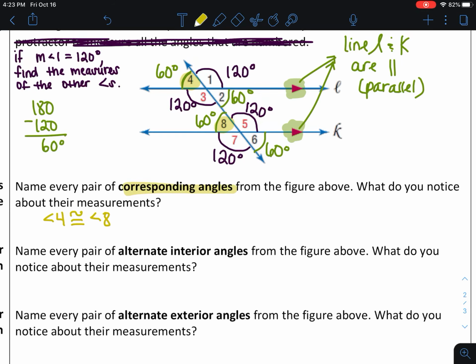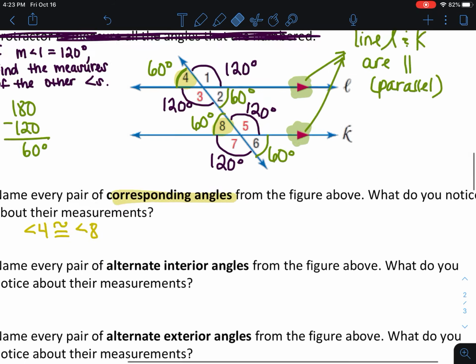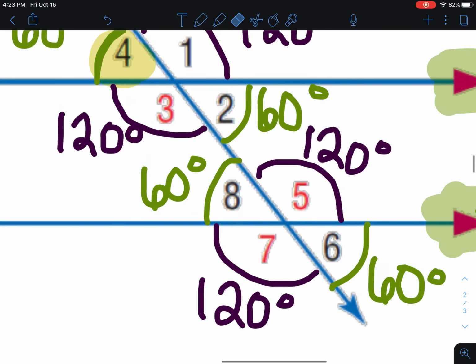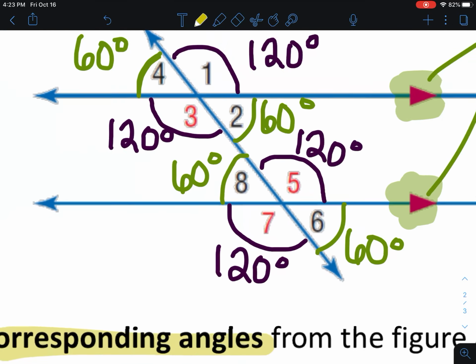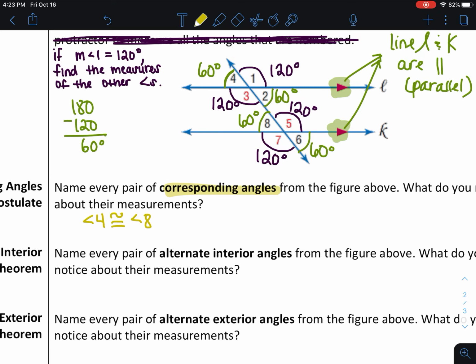Okay, so let's see if I can erase this without erasing everything. What else? We can see that angle 1 and angle 5 are also corresponding. So angle 1 is congruent to angle 5. We can also see angle 3 and angle 7 are corresponding.